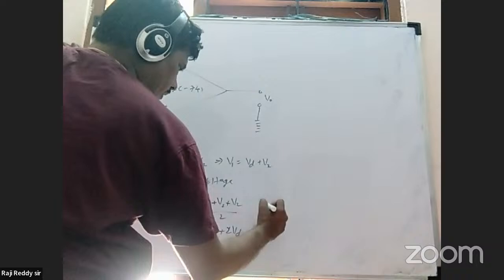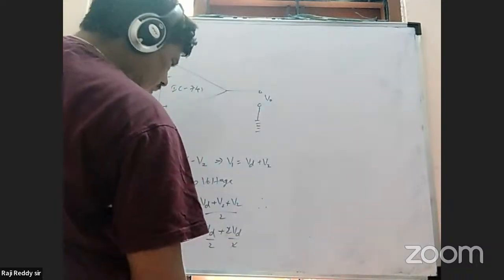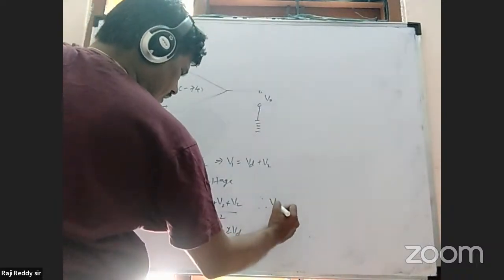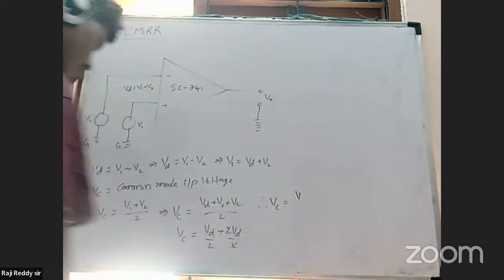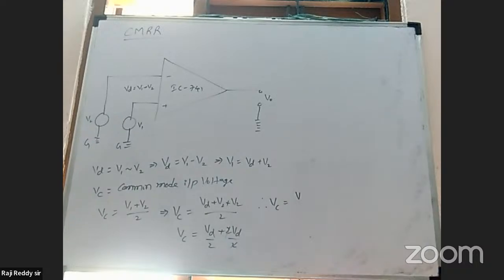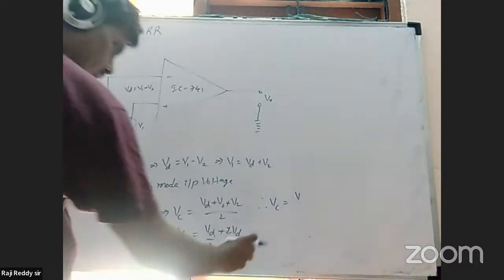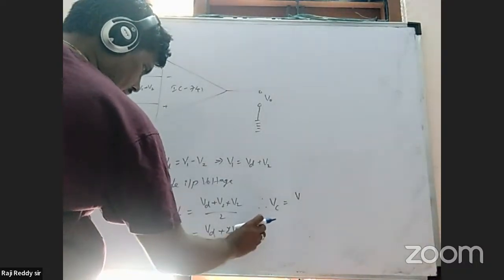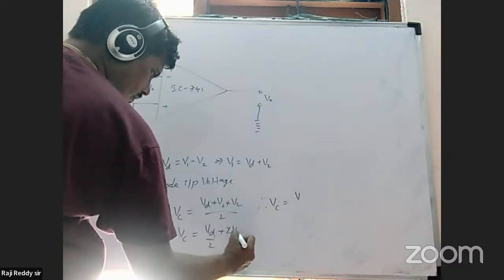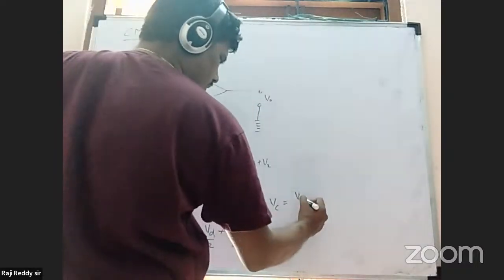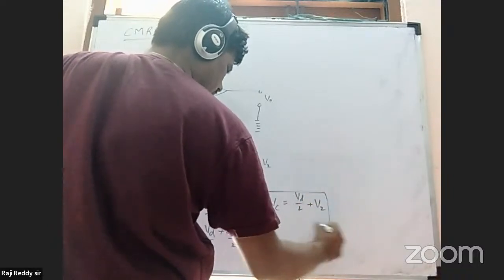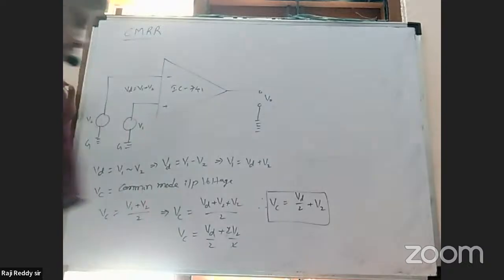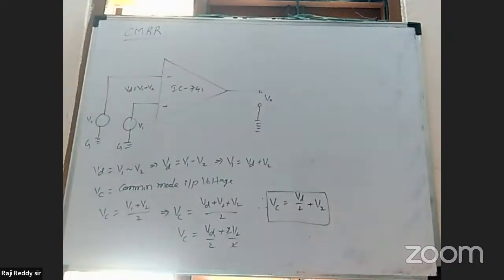Then we get the common mode input voltage VC equal to VD by 2 plus V2. It's my bad, it is not VD, this is V2.